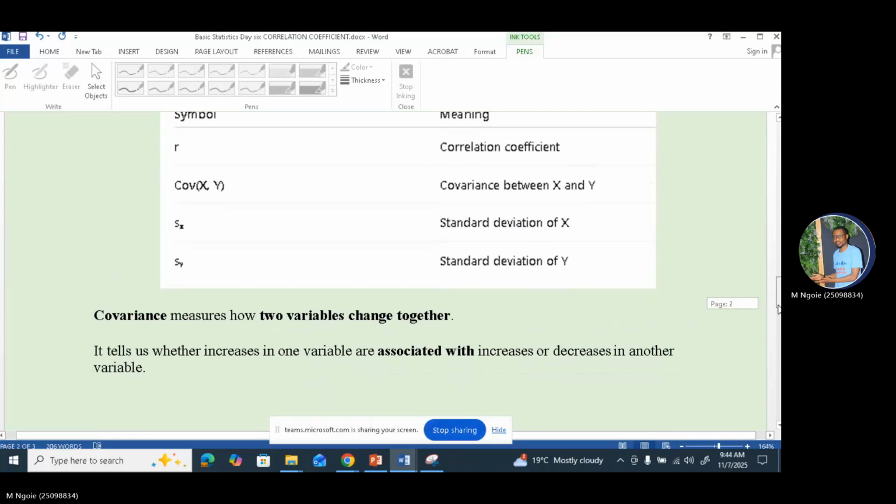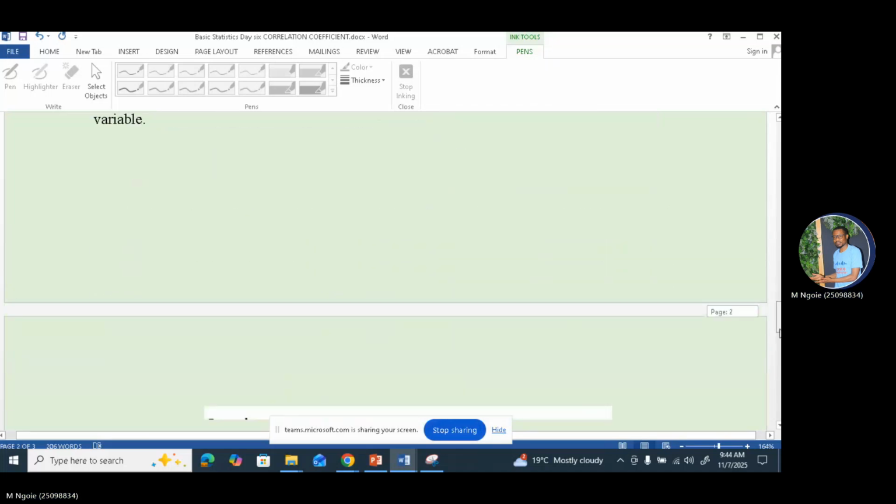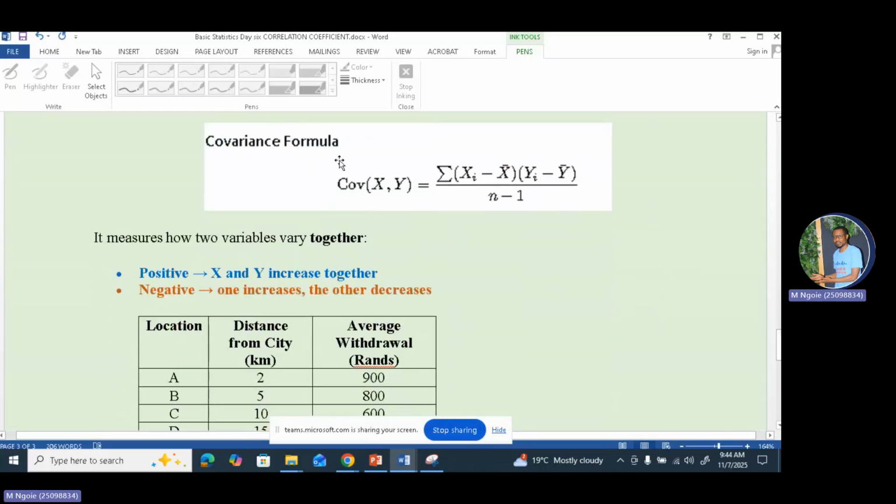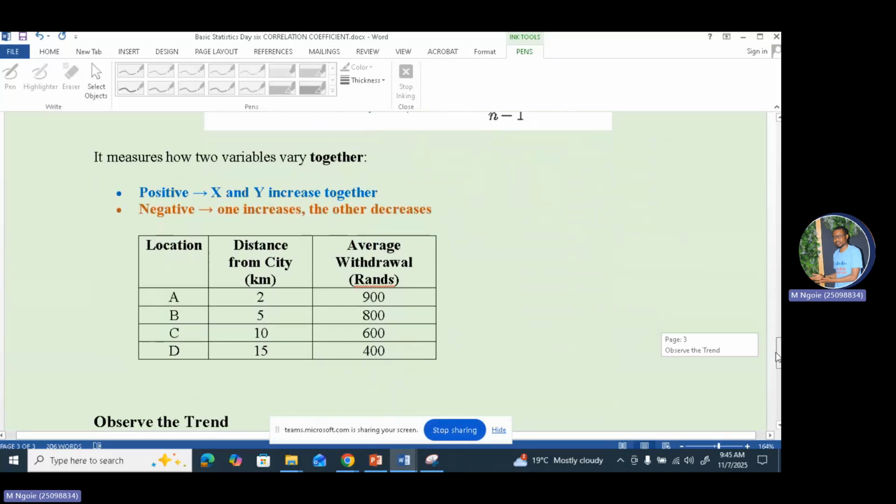It tells us whether increases in one variable are associated with increases or decreases in another variable. This is the formula for the covariance by itself, a very easy formula: the sum of x minus the mean of x, times y minus the mean of y, divided by n minus 1.